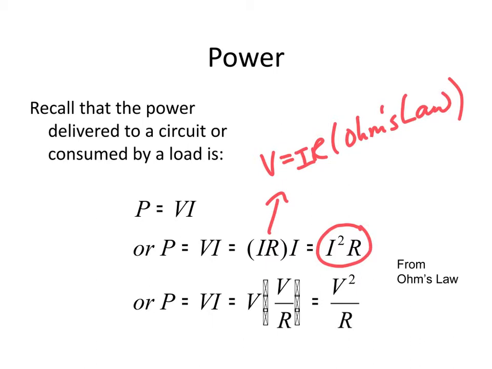Or, from Ohm's law again, we can write current as V over R, just rearranging. Current equals V over R. And we can substitute that in and get power is equal to voltage times voltage over resistance, or V squared over R.